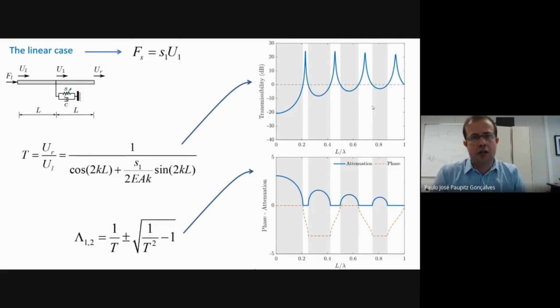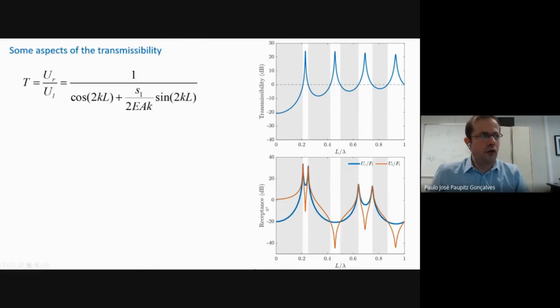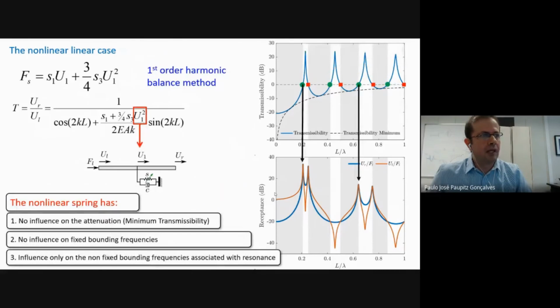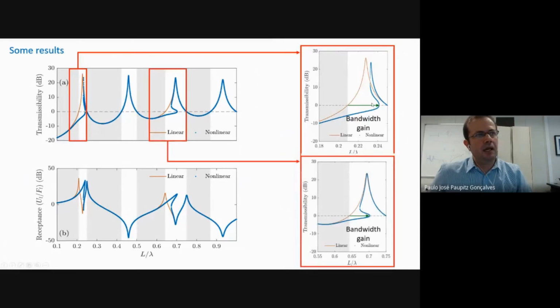So if I change my transmissibility here, I'm also going to see some changes in the dispersion diagram if the structure were infinite. I don't know if it was clear, but what I would expect if you look at the last graph here is that if we could associate this transmissibility to the dispersion diagram, we are probably going to see some improvement in the bandwidth where you have attenuation in the dispersion diagram.